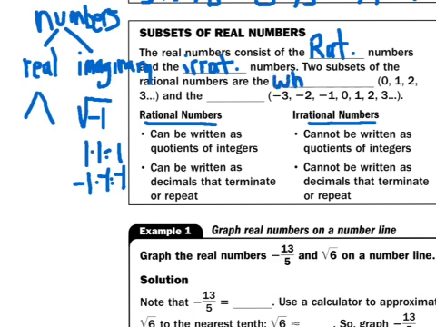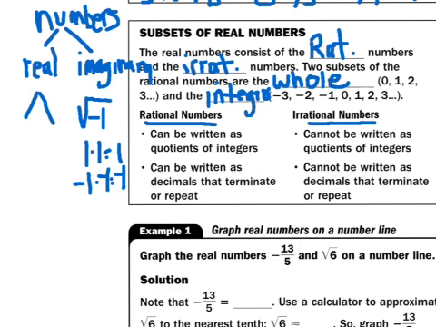We have whole numbers, and then we have integers. The whole numbers are 0, 1, 2, 3. Integers are all those plus the negative whole numbers. Negative 1, negative 2, negative 3.